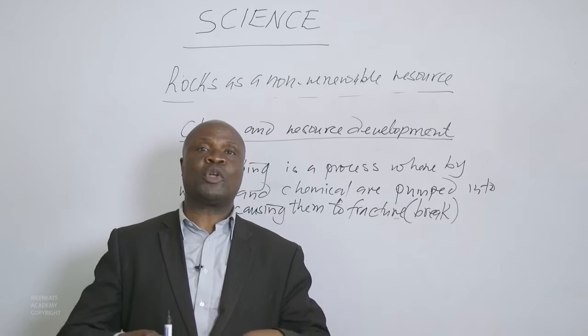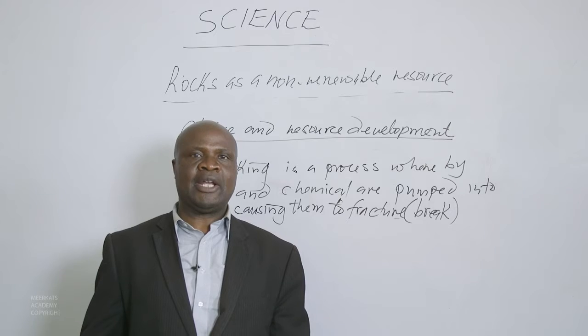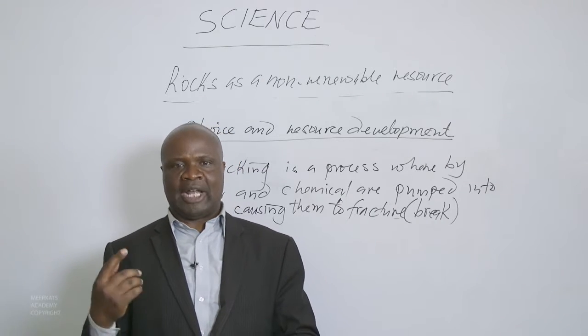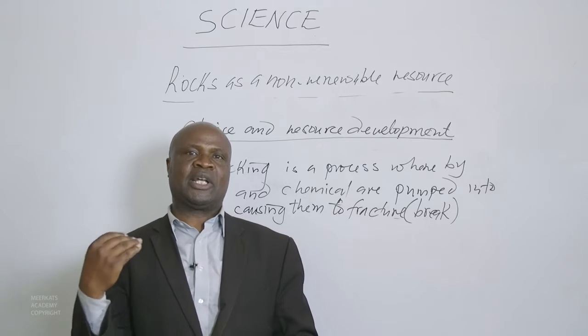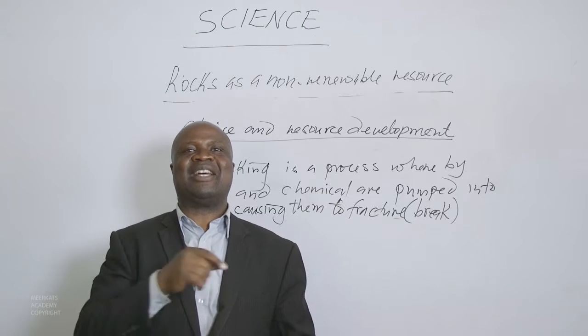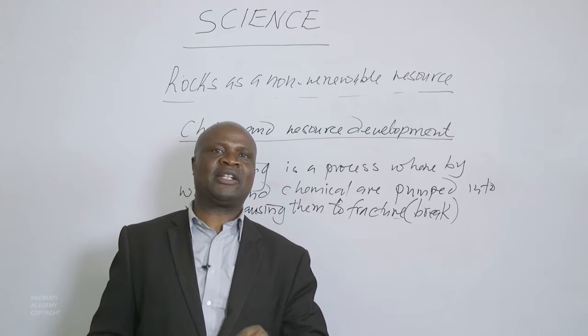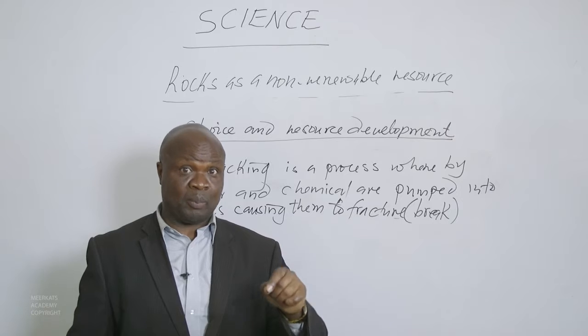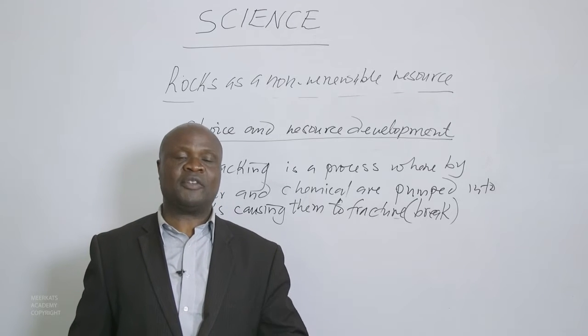So if we continue burning coal anyhow, it is going to affect the atmosphere. Then the ozone layer that was protecting us will get depleted, and the dangerous ultraviolet rays from the sun will be able to penetrate the Earth's atmosphere and reach us, causing a lot of disease and so forth.